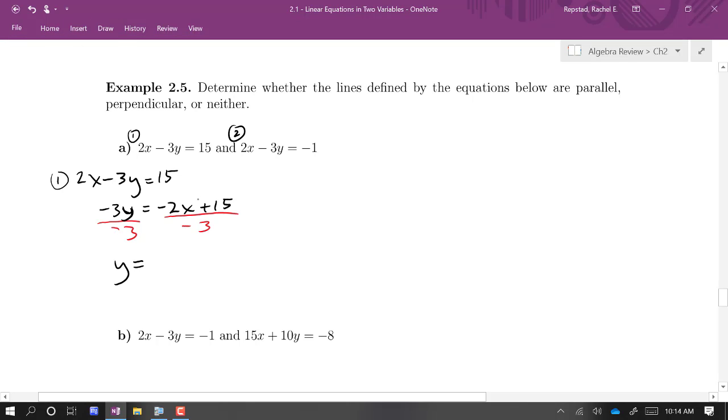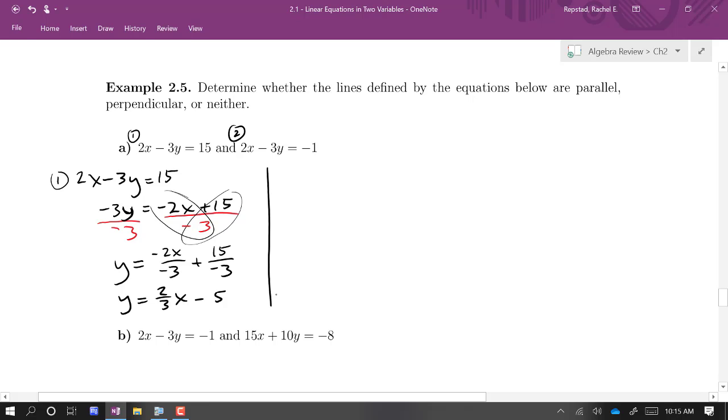So I get y equals, and remember I can split up a fraction over addition up top, so negative 2x over negative 3, and then plus 15 over negative 3. That is a positive 2/3 x minus 5.